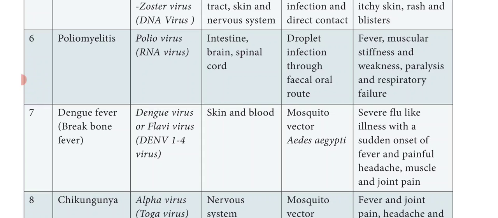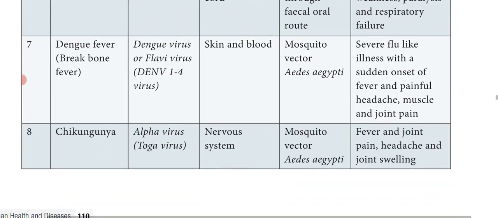The mode of transmission is through a vector, that is the mosquito Aedes aegypti. The symptoms are a severe flu-like illness with a sudden onset of fever and painful headache, muscle and joint pain. So these are the symptoms of dengue fever.